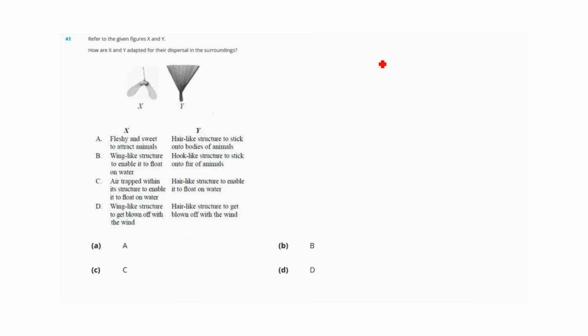So both these plants have a very good appendage for the transfer of seeds to a distant place by the wind. So option D can be the correct answer. Why? Because a wing-like structure and a hair-like structure get blown off by the wind. Yes, D is our correct answer.